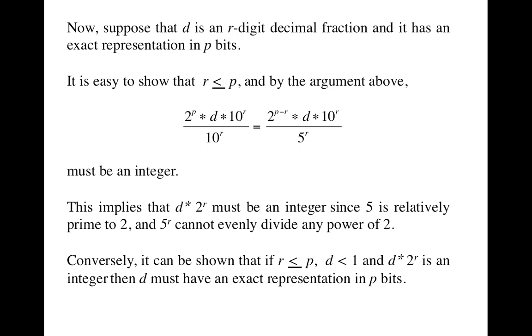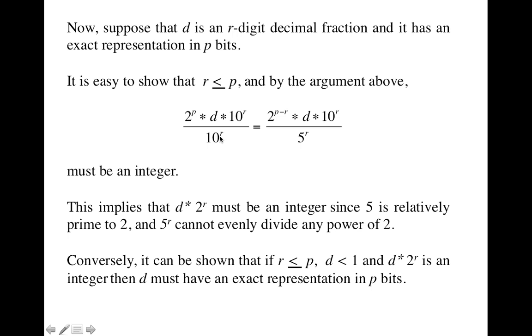You would need more bits than the number of digits that a decimal number has in order to represent this. This is fairly obvious because that decimal representation is more compact than a binary representation, so more bits are needed. So with this inequality, we know that 2 to the p times d is an integer, and now we multiply it by 10 to the r and divide it by 10 to the r.